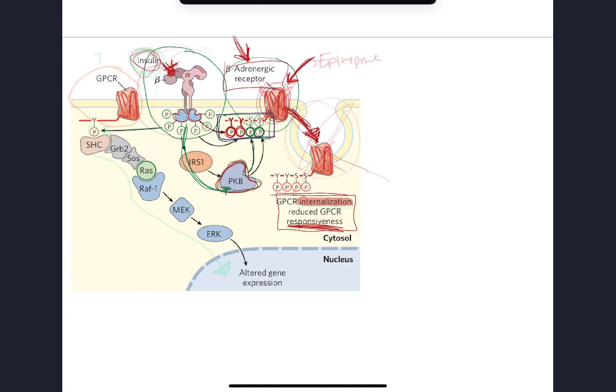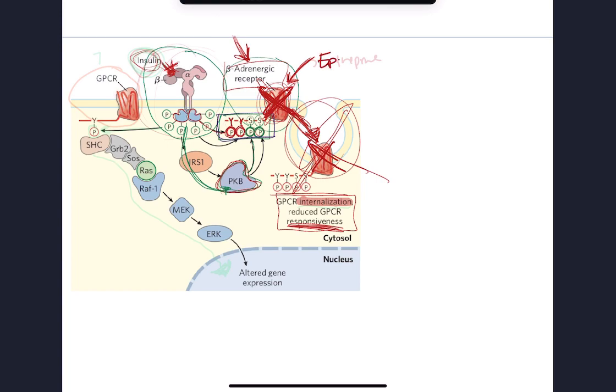So this is just an example, but this is the idea, right? When we see insulin be activated, which is one pathway, then opposite pathway to beta-adrenergic receptors, we're going to see one of them get internalized and rendered ultimately useless. So this becomes garbage. Now this is no longer useful. We have fewer receptors on the membrane to be targeted by epinephrine.